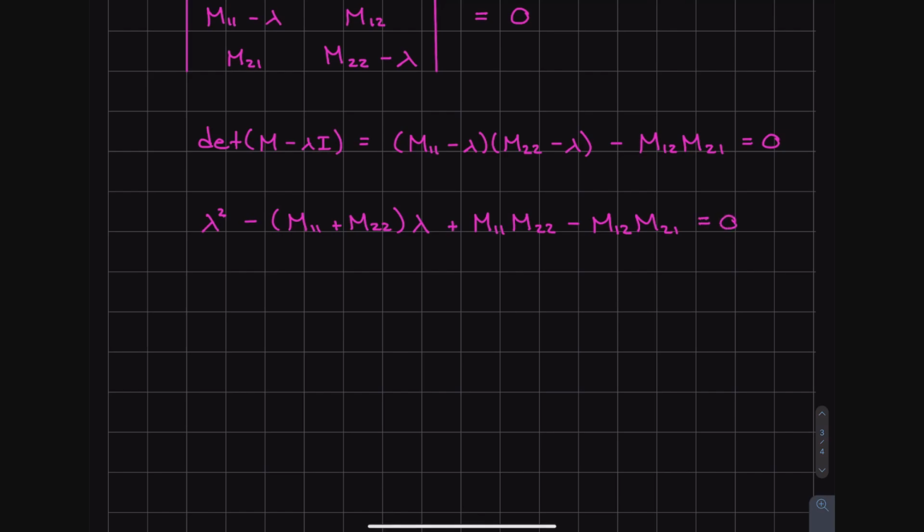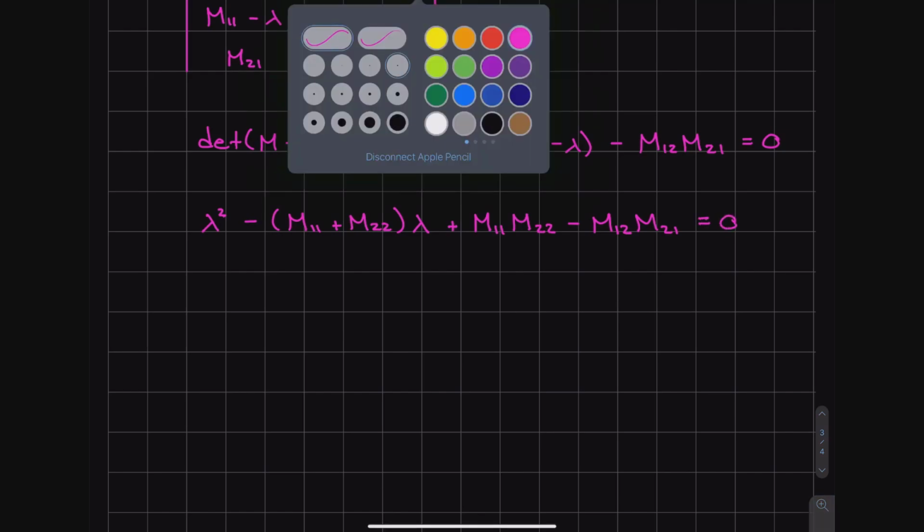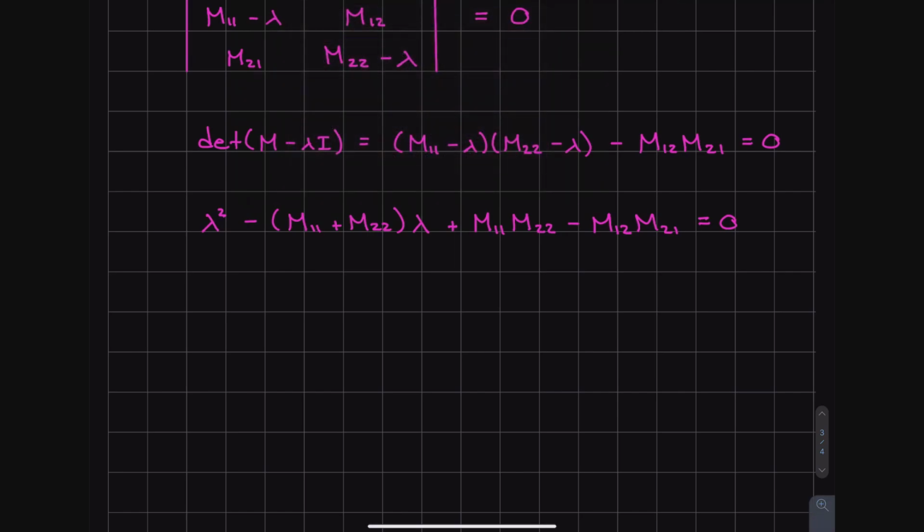If you guys remember from grade 11, this is a quadratic, and we can solve it by finding the roots using the quadratic formula. Basically, this is our a value. So in this case, a is 1. The second value, in front of just the regular lambda, is b. And this third value, which extends from here all the way to here, is value c.